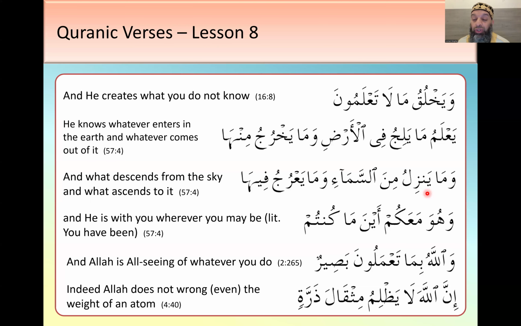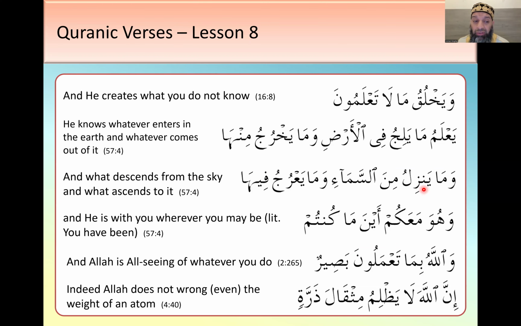Wama yanzilu. Okay, so nazala means to descend. Ya is talking about inanimate things, so it descends. Remember, it could mean he descends, it could mean it descends, depending on what you're talking about.